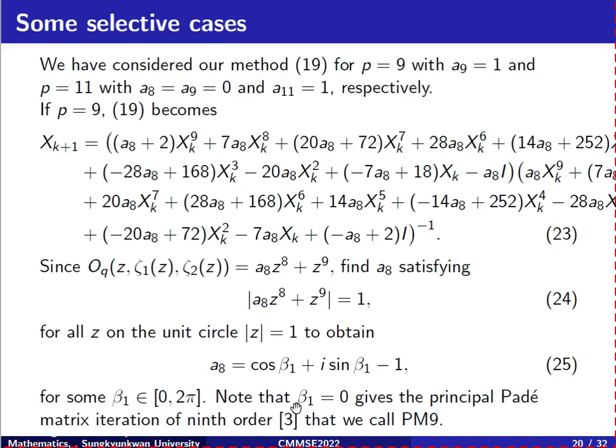Since the conjugation of this method is this one, we try to find beta satisfying this condition for all z on the unit circle. Notice that beta equal 0 gives the principal Padé matrix iteration of ninth order that we call PM9.